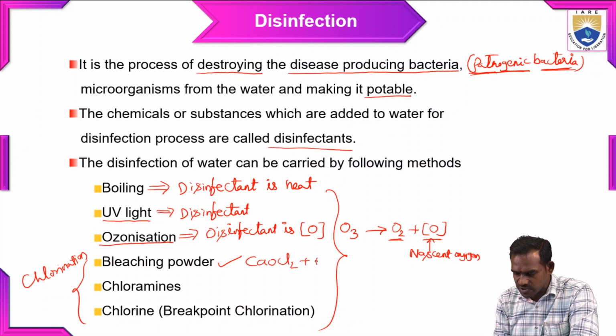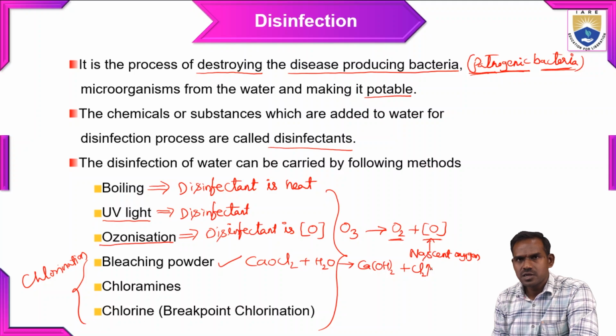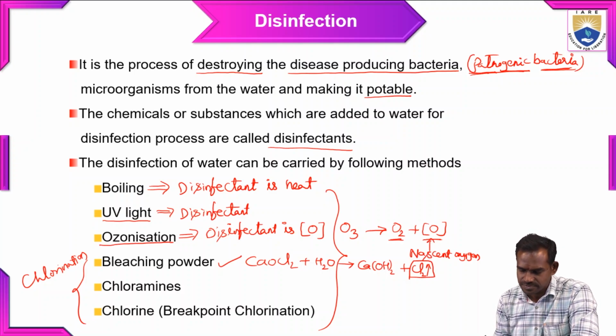It will react with water containing microorganisms and convert into calcium hydroxide as well as chlorine gas. Now chlorine gas is generated in between the process. It is not taken directly. Keep a note of it. Why I am mentioning this is that chlorine gas is a toxic gas.